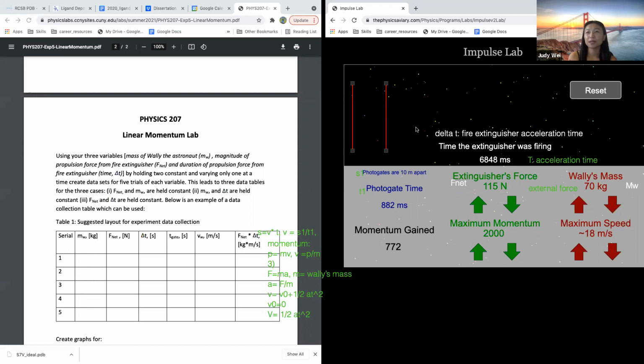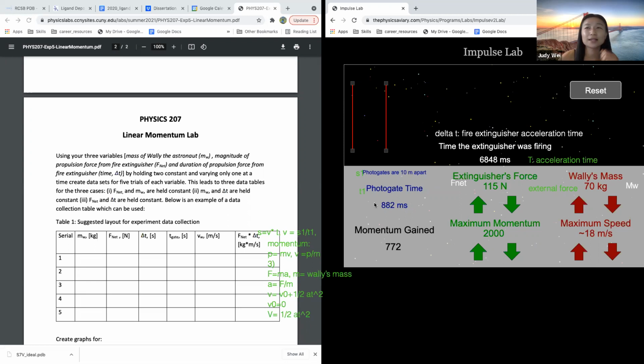You just pick 5 different points to control the extinguisher's firing time. So this is for the first table. And for the second table, you keep the mass and the extinguisher's time constant, and you vary the extinguisher's force and then fill out this table.